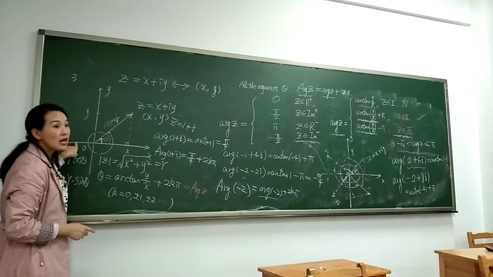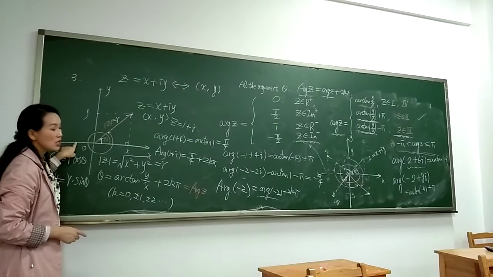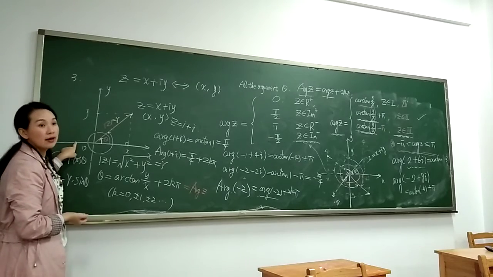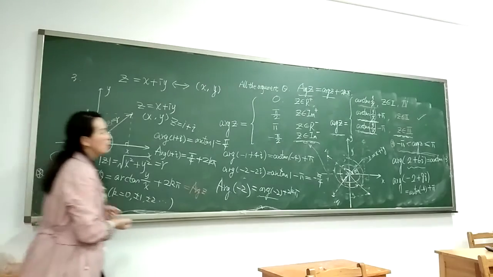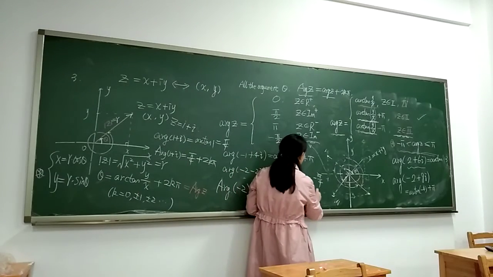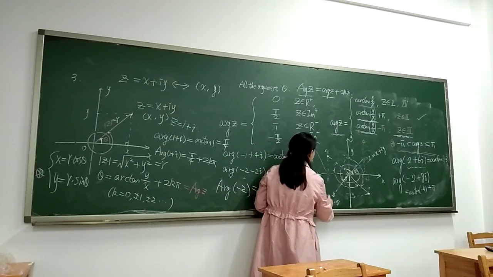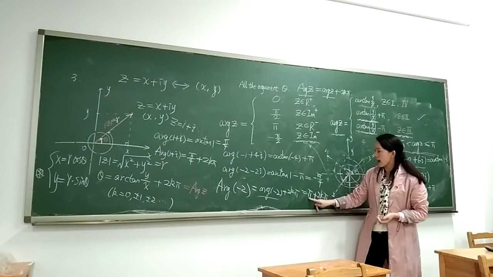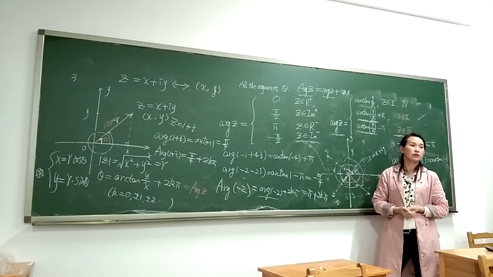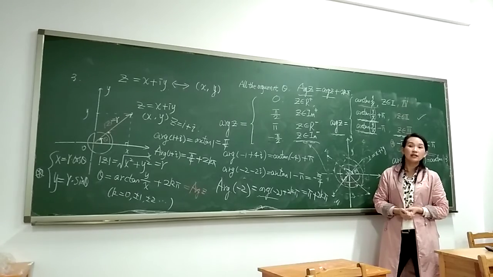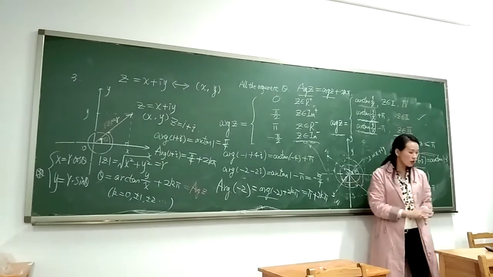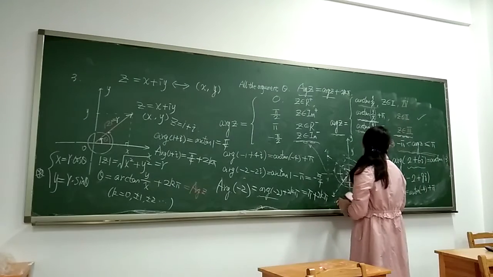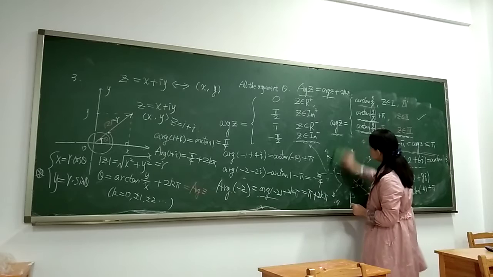So the principal argument is pi. So the last answer is pi plus 2k pi. So this is one of the arguments, and this is all the arguments. Understand? Okay, these are the same. Okay, continue.